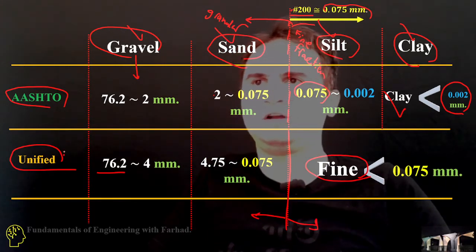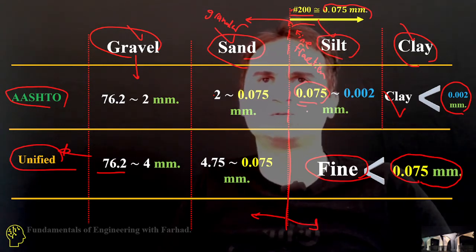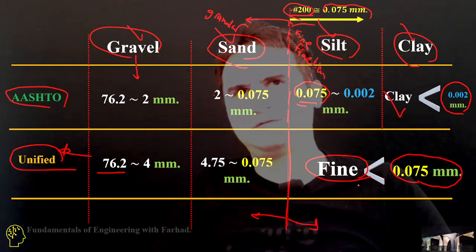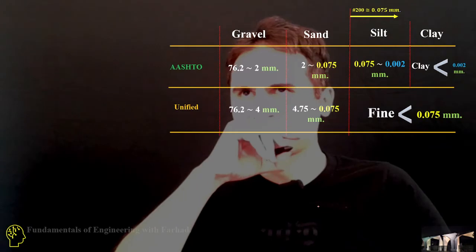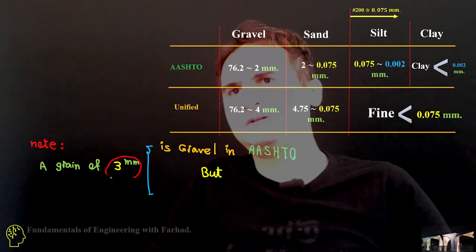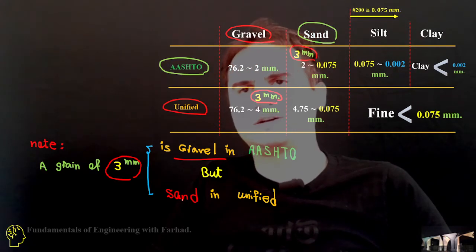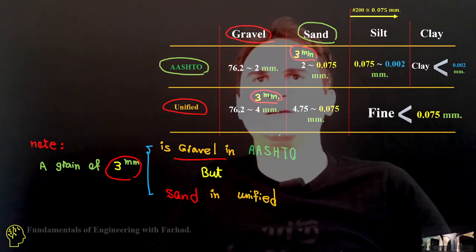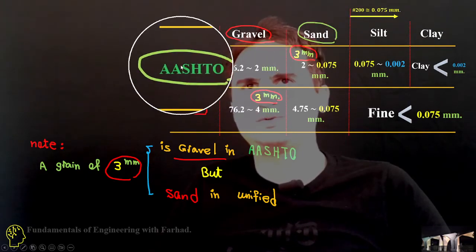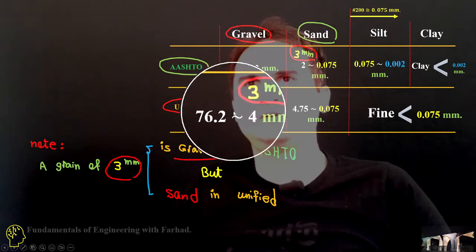So in the Unified method, any fine fraction less than 0.075, which is the number 200 sieve, is considered to be fine material.